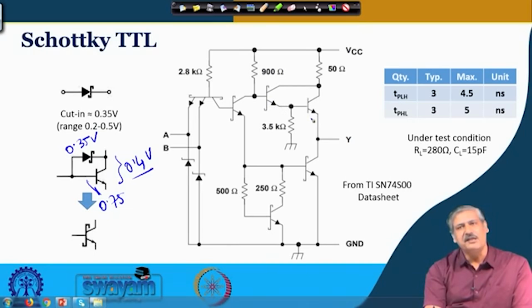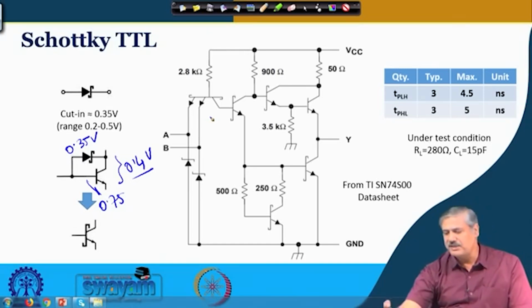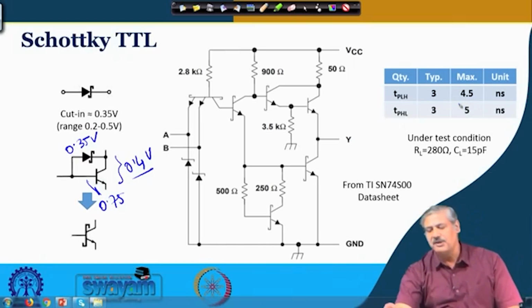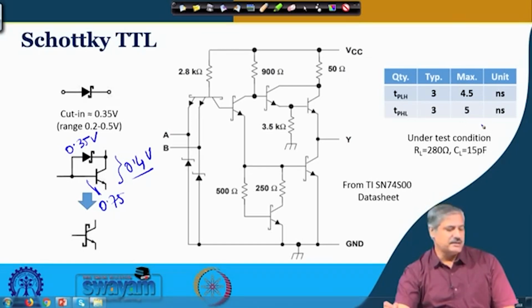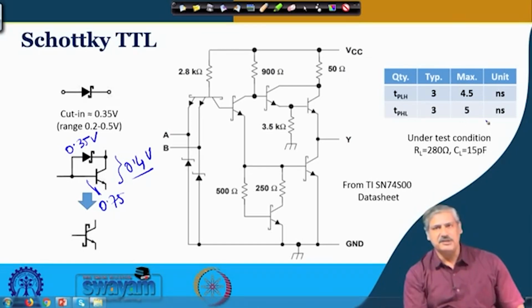So, it also helps in providing a larger amount of current. So, this configuration together with the Schottky clamped transistors as a whole increases the switching speed, and the switching speed that we get here is of the order of 3 to 4.5 nanosecond depending on the test condition, and that is very useful for enhancing the transition speed.